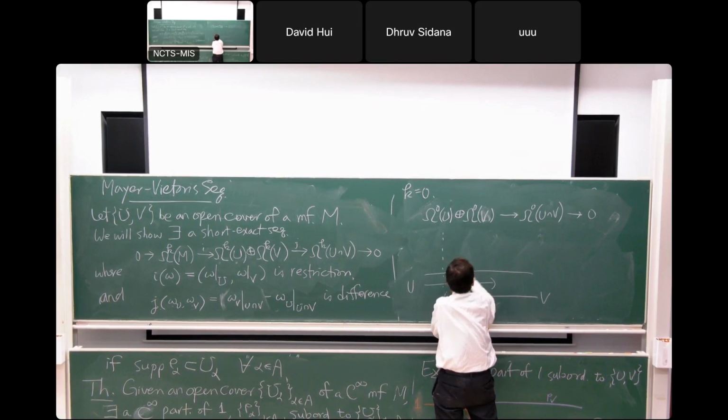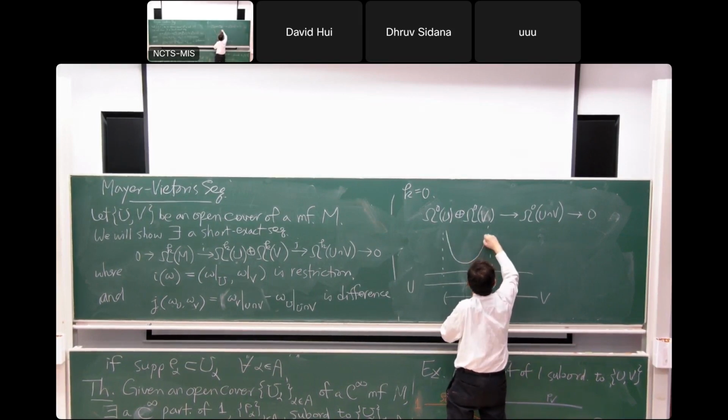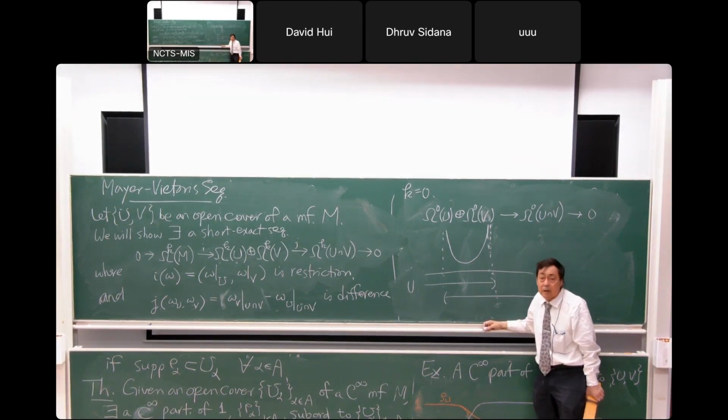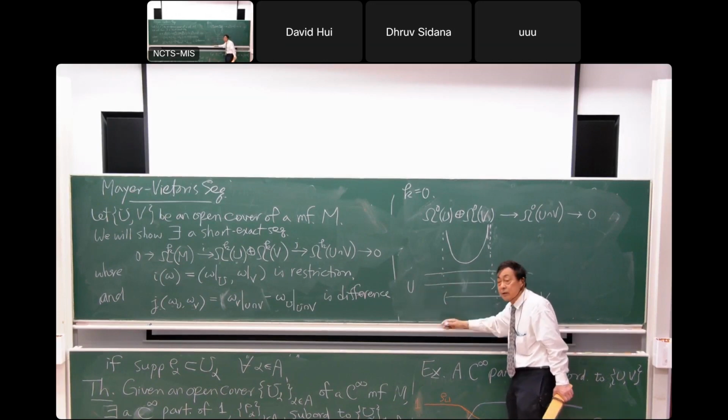Here's the intersection, and let's say you have a function like this. It's like secant, right? Secant looks like that. This function blows up at this point and at this point. So how do you extend this so that it becomes a function on U? There's no obvious way to extend it. You can't extend it by 0.